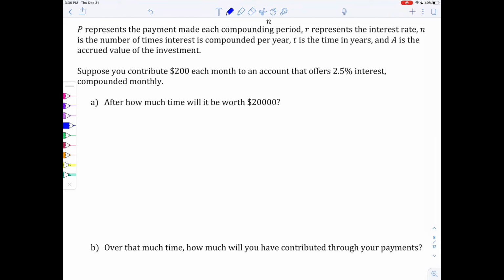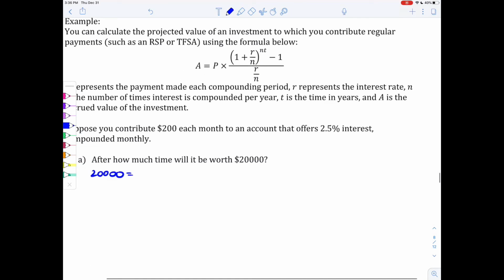We might need a bit of room. We might need to go over here at some point. So let's start upper left. The final value is 20,000. We're making payments of 200.